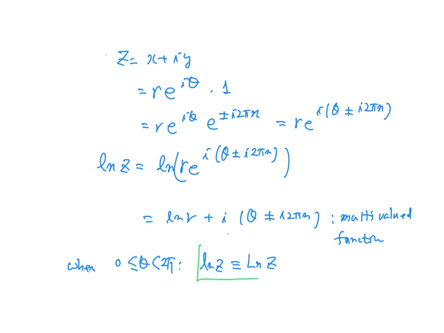We write it this way. So again, we can put the branch cut here when you define the logarithm. So you don't want to cross this space, to make it single valued.